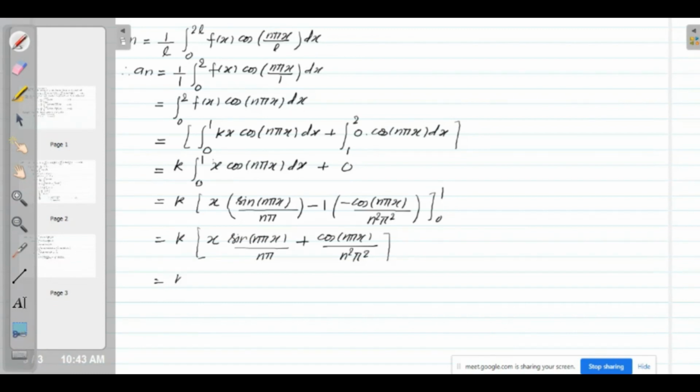So this is equal to k, and your limit is 0 to 1, upper limit is 1, so we write here 1 sine n pi by n pi, and plus cos n pi, instead of x we have 1, and divide by n square pi square.